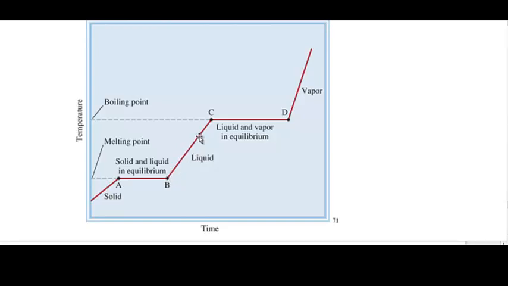It rises and rises up to point C. Point C is a special temperature, 100 degrees C, which is known as the boiling point. As you continually ramp up the temperature at point C, you notice that you have a time lag here. The reason is that from C to D, you have a combination of both phases: the liquid phase and the vapor phase.